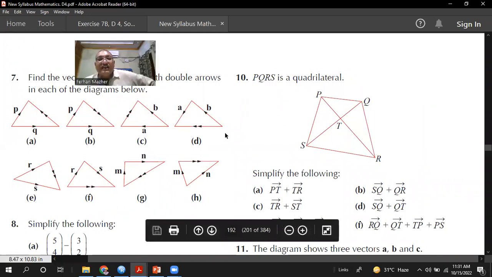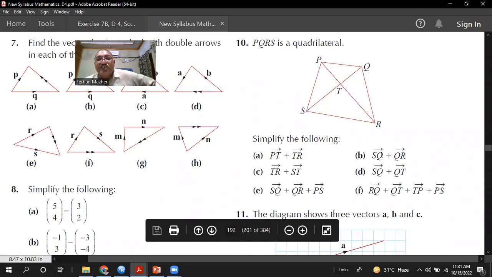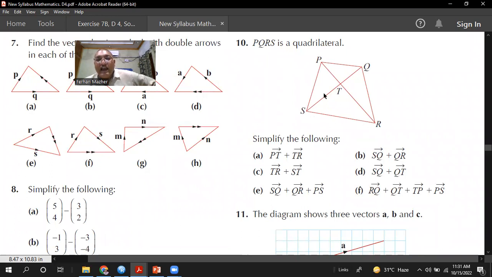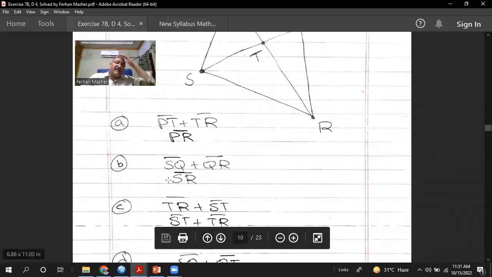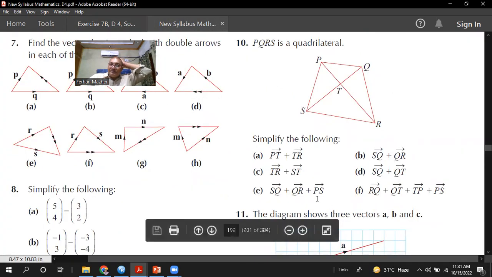The next question they ask us is SQ plus QR. The resultant will be SR, where it ends, it starts. So it's good. SR will be the answer.